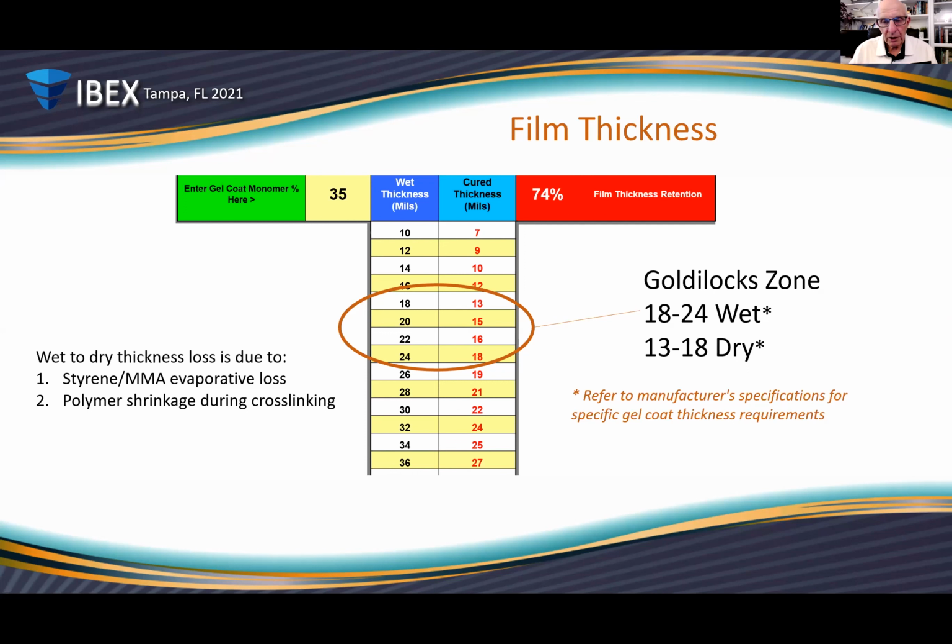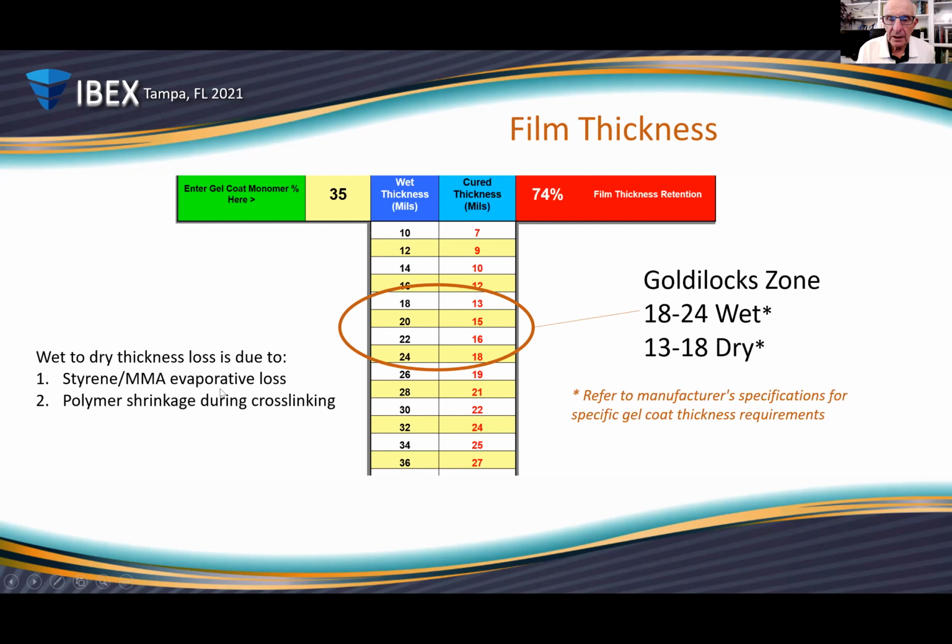For most gel coats, again, see the little caveat down here, refer to the manufacturer's specifications for a specific gel coat. That always trumps any other recommendation. But the Goldilocks zone for most gel coats is somewhere between 18 and 24 mils wet. This is measured with a wet film gauge, a mil gauge. That 18 or 24 mils wet is going to cure to 13 to 18 mils.